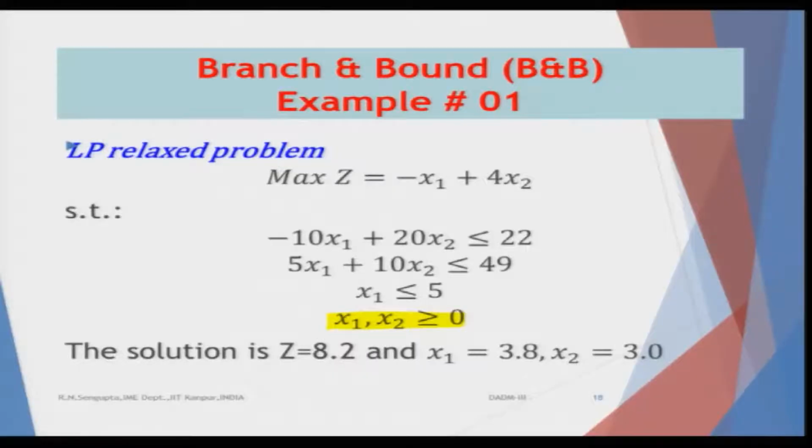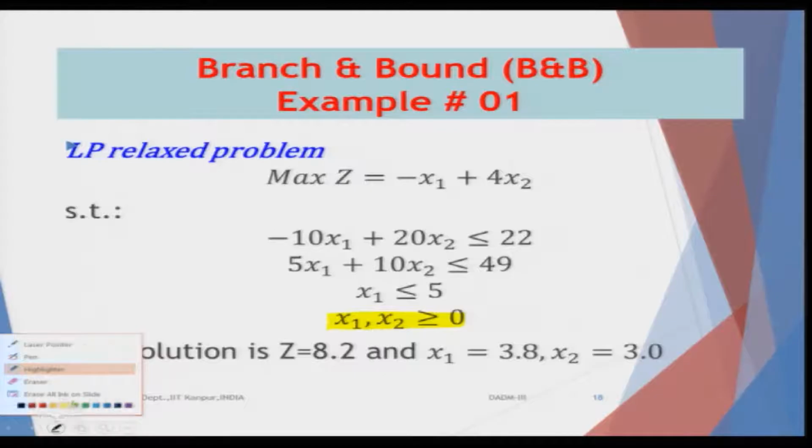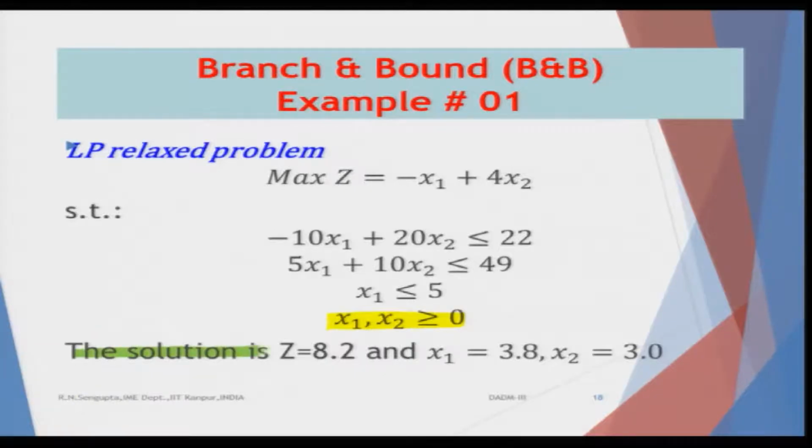It is easier for us to understand this problem because it is visible to us in 2D. Solve the problem, and the point where you will get the optimum solution is where x1 is 3.8 and x2 is 3. The actual value of z is 8.2. I will basically highlight it. The solution is this: z is 8.2, x1 is 3.8, x2 is 3.